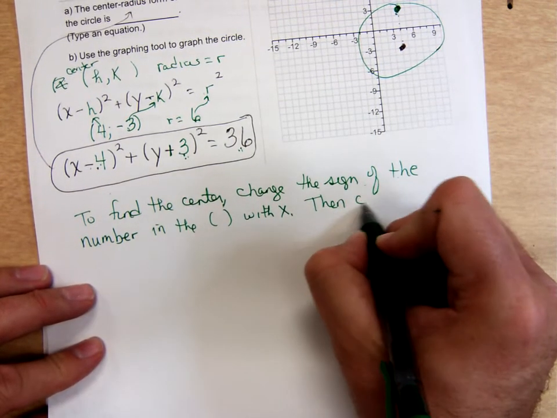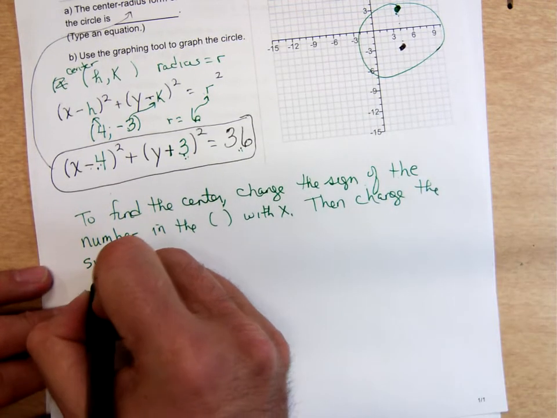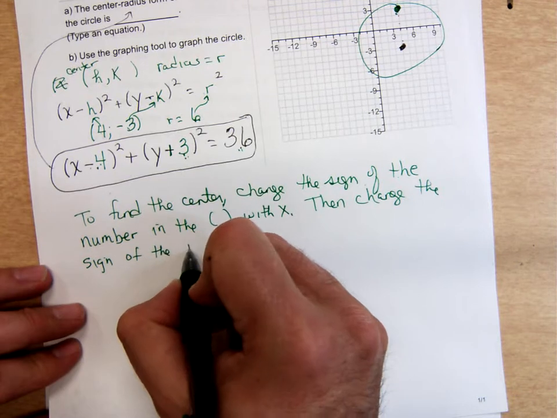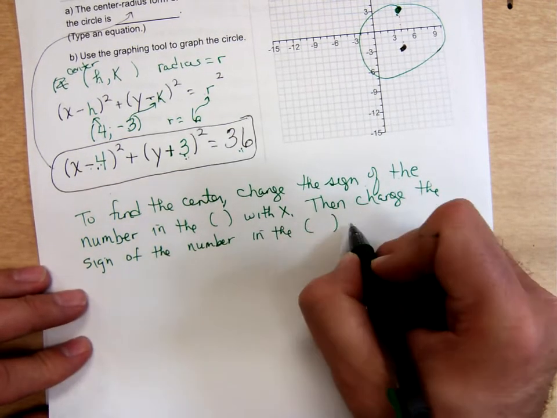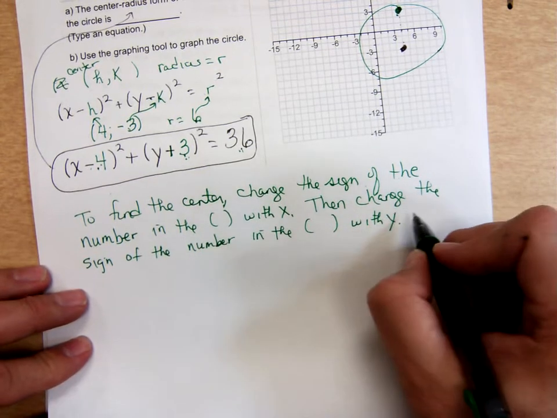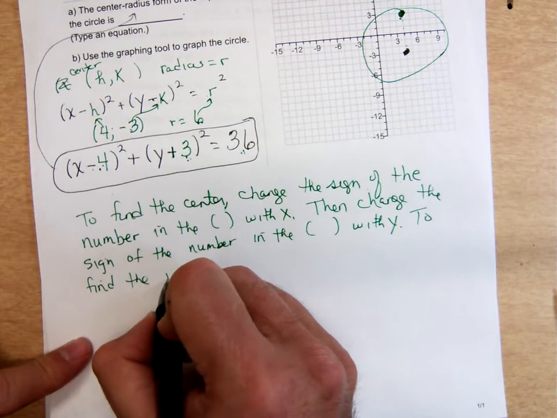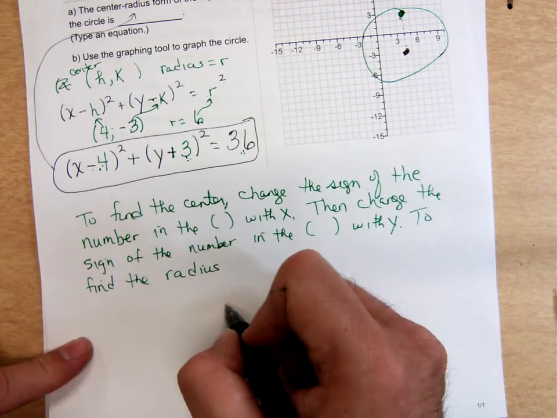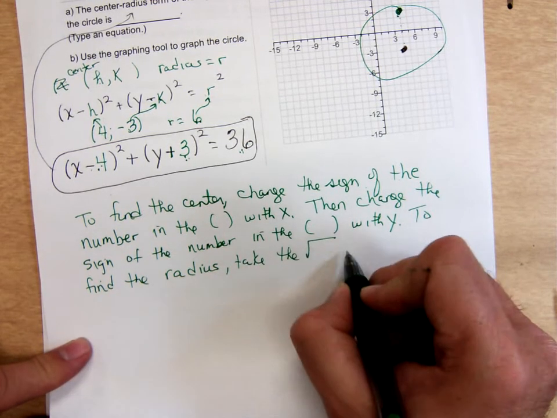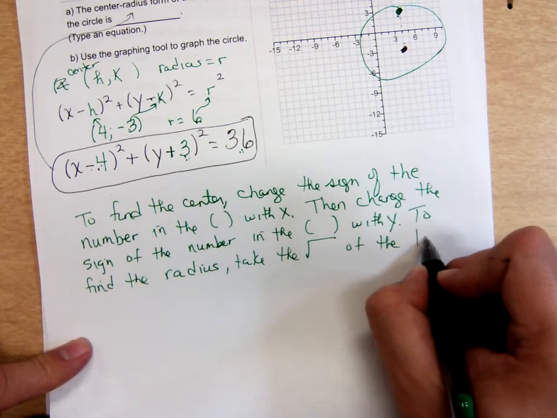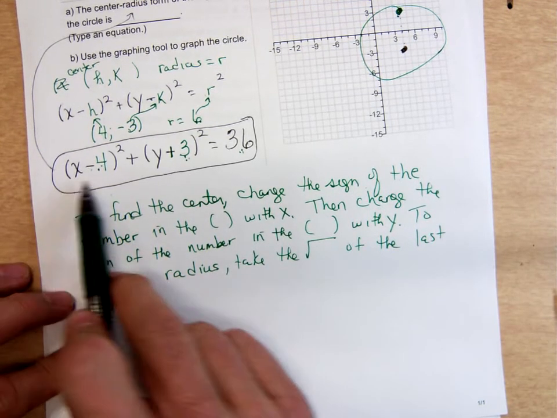Then change the sign of the number in the parentheses with y. To find the radius, take the square root of the last number. So it's change the sign, square root. So that's how you find the center and radius when it's written with these parentheses.